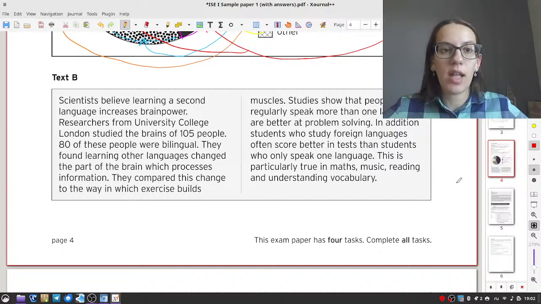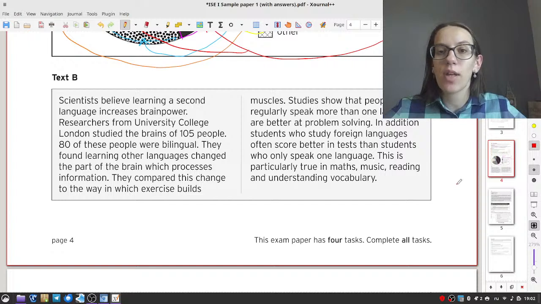Scientists believe learning a second language increases brain power. Researchers from University College London studied the brains of 105 people. 80 of these people were bilingual. They found learning other languages changed the part of the brain which processes information. They compared this change to the way in which exercise builds muscles.